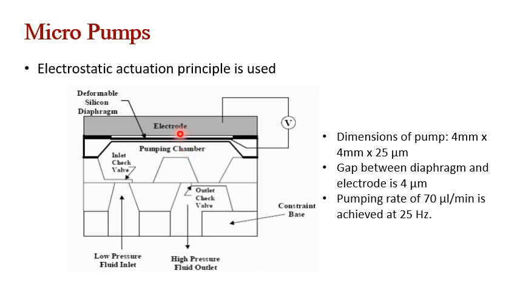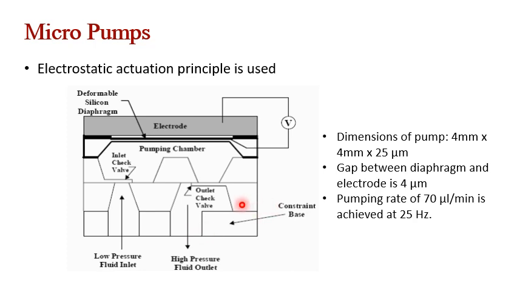So when the diaphragm returns to its initial position, there is a decrease in the volume of the pumping chamber. That means there is an increase in the pressure of the entrapped fluid inside the pumping chamber. So when the pressure crosses a particular threshold value, the outlet check valve opens, causing the fluid to be released. Thus a pumping action is achieved.